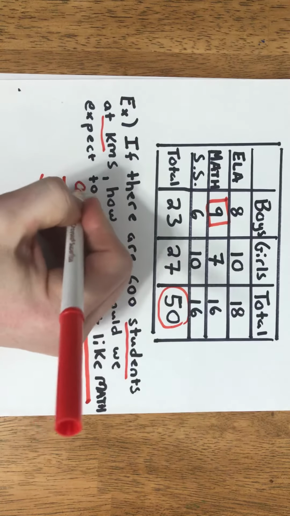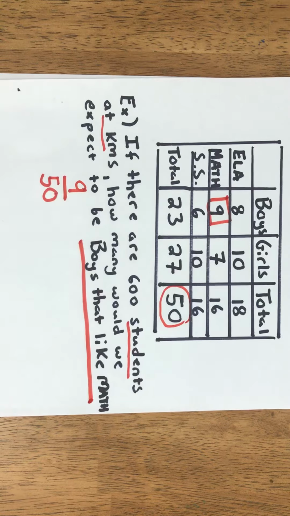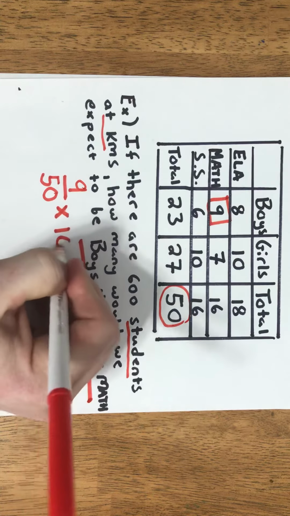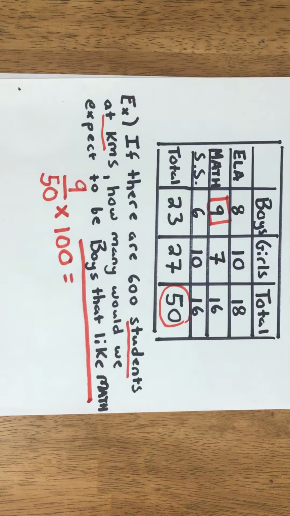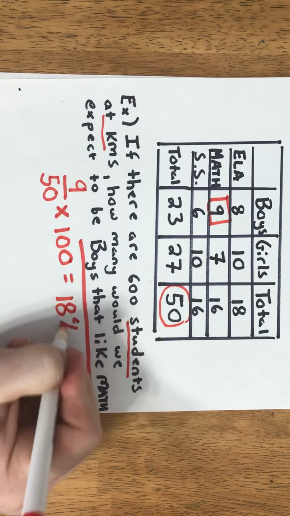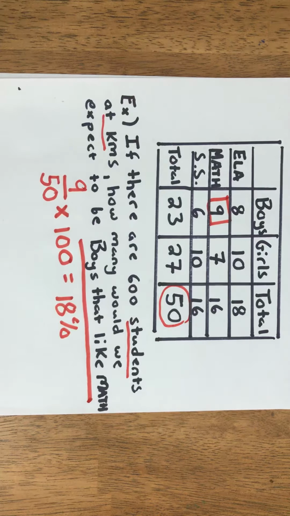So we have 9 out of 50 that like math. Now what we did the last time is we times this by 100 to get our percent. In this case, if you put that into your calculator, you're going to get 18%. So we know that 18% of our students are boys that like math.